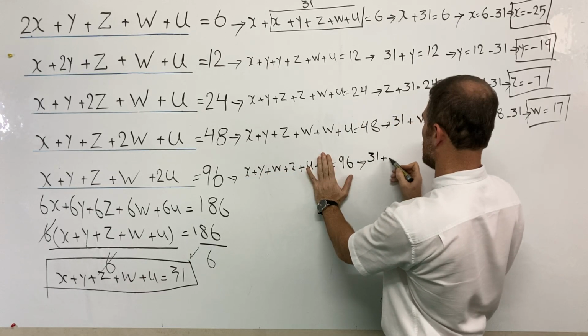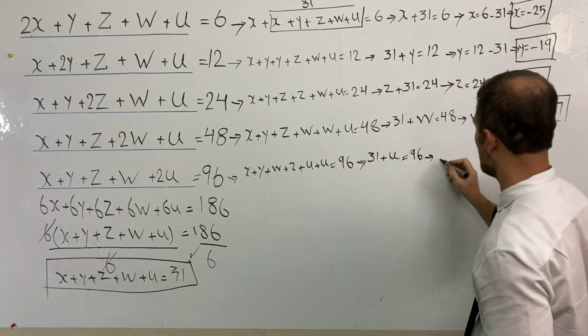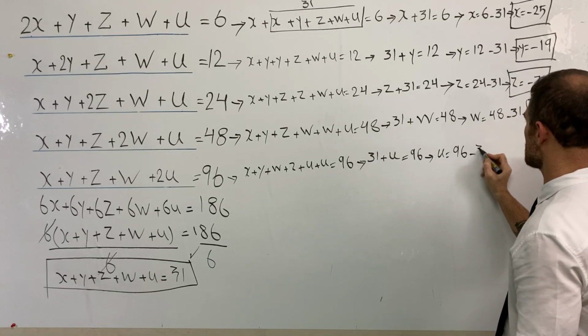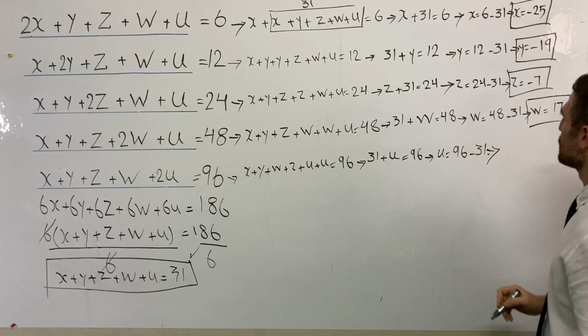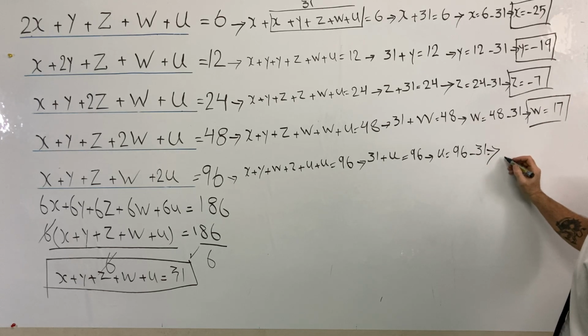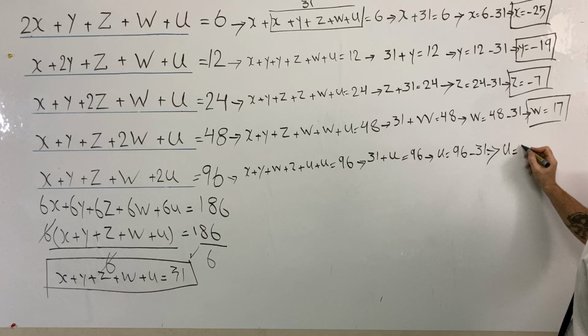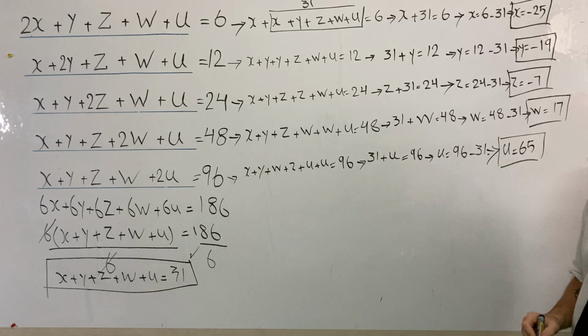Let me write plus this u equals 96. So what is the value of u? Is going to be 96 minus 31. As you know, 96 minus 31 is going to be 65. So the value of u is 65.